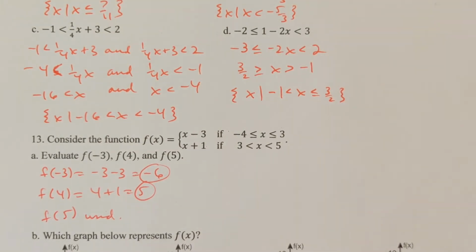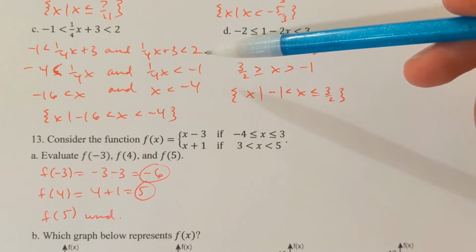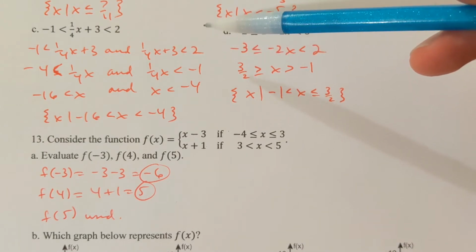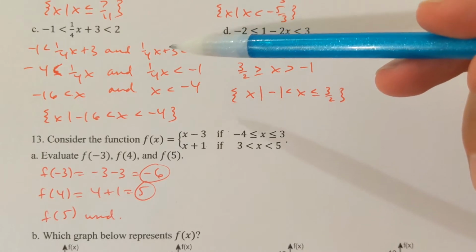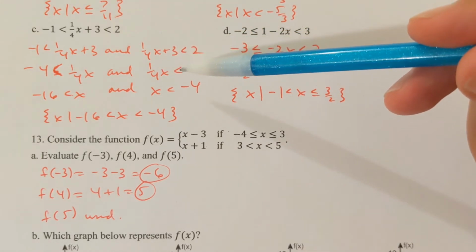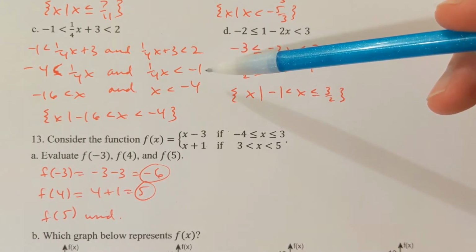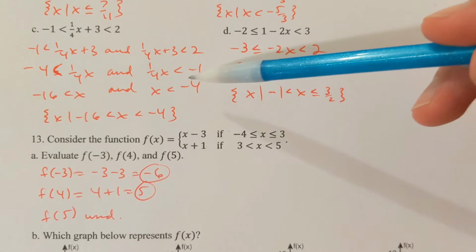Part C, negative 1 less than 1/4 x plus 3 less than 2. If I split this, negative 1 less than 1/4 x plus 3 and 1/4 x plus 3 less than 2. Well, if I subtract 3 from both sides, negative 4 less than 1/4 x and 1/4 x less than negative 1.